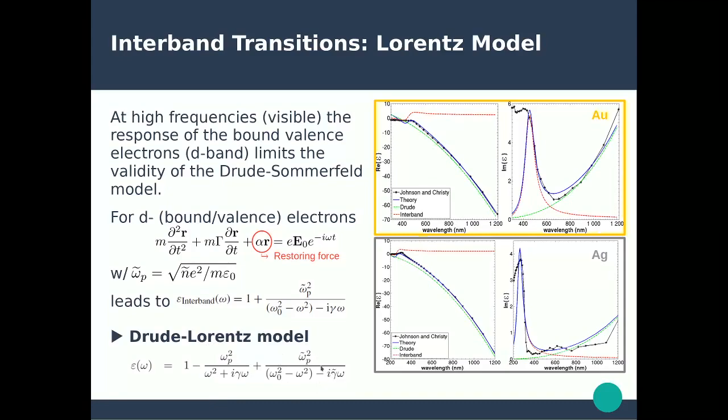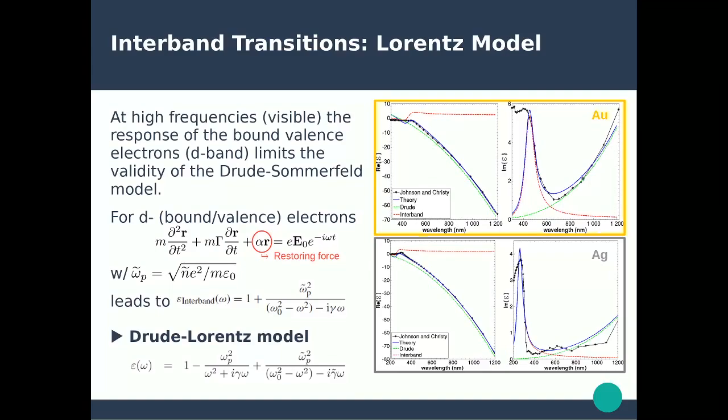So you can look at how this compares for gold and silver. The black lines are experimental dielectric permittivities from Johnson and Christy, tabulated in 1972. We have the real part and imaginary part of those quantities. The green line is the Drude model only, so you see that it works fine for large wavelengths or low frequencies.